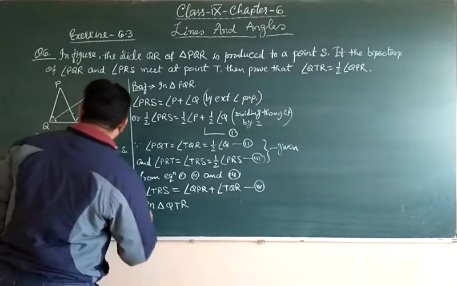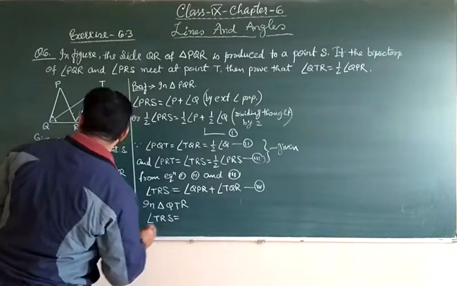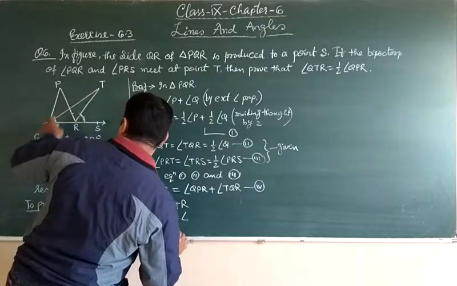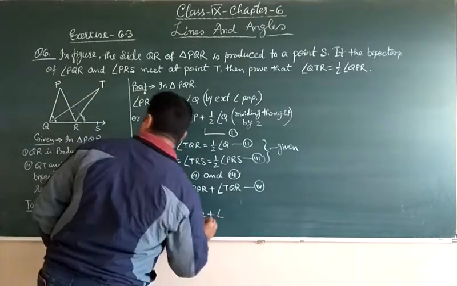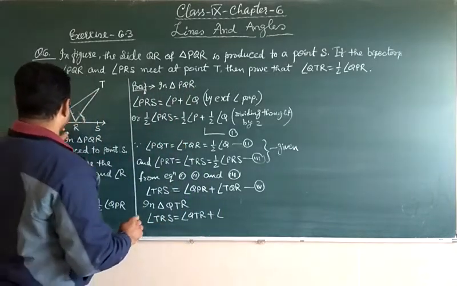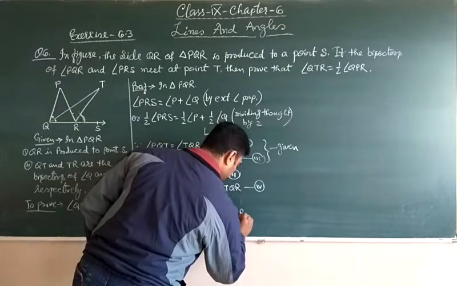So angle TRS is equal to angle QTR plus angle TQR.